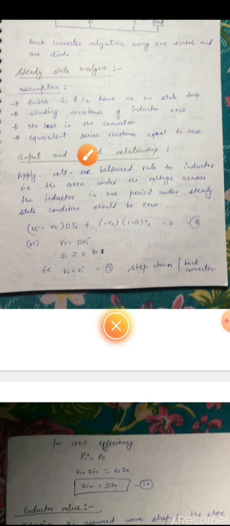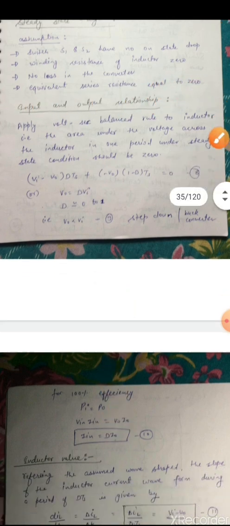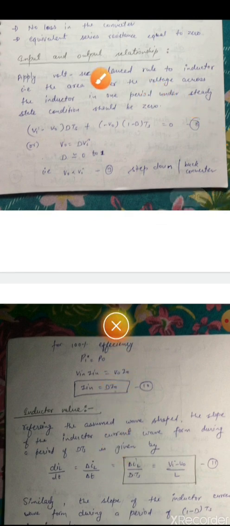Now what is the input-output relationship? We know that the energy of the inductor remains constant. Apply the volt-second balance rule to the inductor, that is, the area under the voltage across the inductor in one period under steady state condition should be 0. The current increases in the inductor and then decreases, so the net area will be 0.